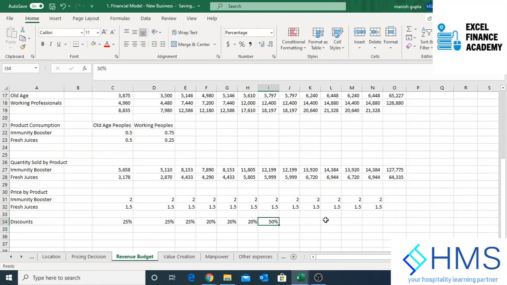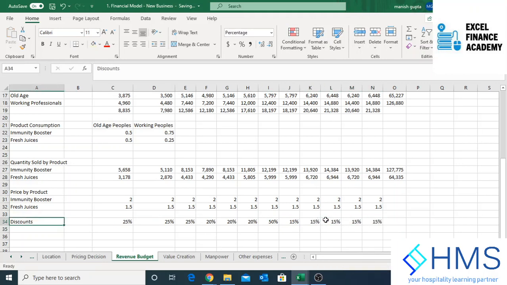So you can do different comparisons to be able to develop a more robust revenue budgeting, revenue forecasting system. So let's assume this way, because there is no limitation to imagination, and then we will give only 15% discount for the rest of the time.